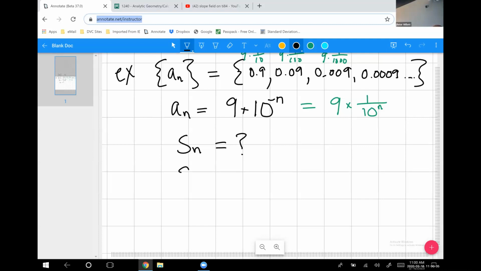So this would be equal, if I were to try to write it out, to 0.9 plus 0.09 plus 0.009, etc. In the same way that I can put these ellipses, this dot, dot, dot, at the end of a sequence to say that the sequence continues in this pattern, you can put a dot, dot, dot at the end of an initially described summation, an initial series, saying that the addition problem continues on in this way.